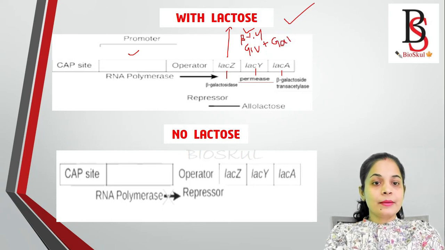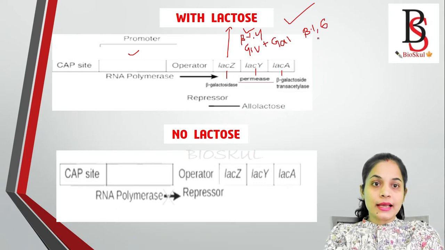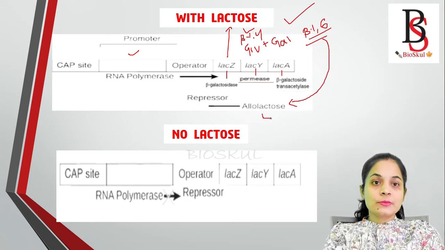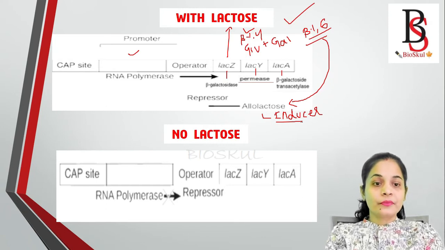At the same time, beta-galactosidase also forms a beta-1,6 glycosidic bond between the glucose and galactose. That compound which is formed is known as allolactose. So if lactose is present, then it will be converted into allolactose. Allolactose acts as an inducer and it induces the Lac Operon. That's why Lac Operon is known as the inducible operon.